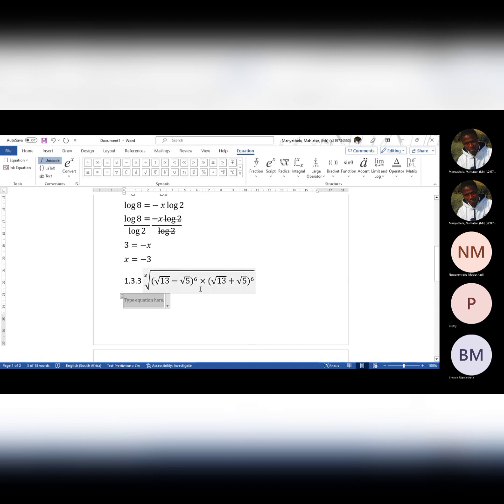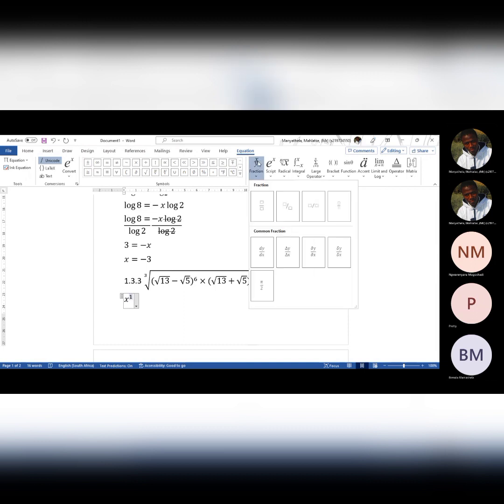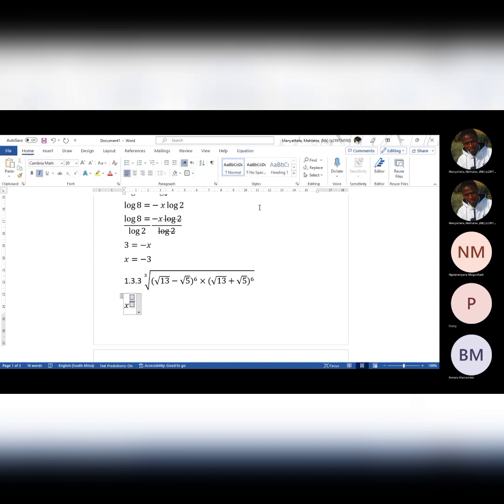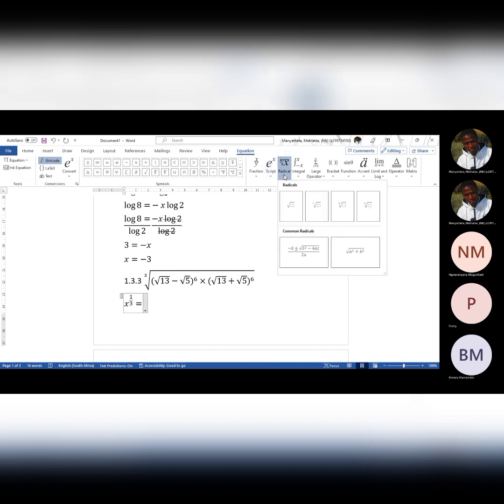Do you know what we write? x to the exponent 1/3 is the same as the cube root of x.